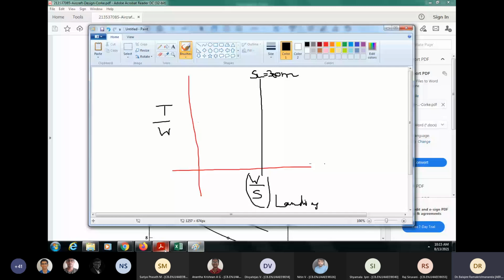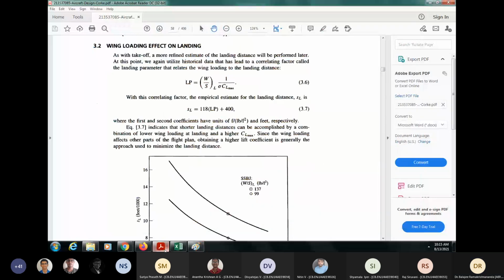If you decrease wing loading, landing parameter will decrease. Or you fix that wing loading and you play with CL max now. For various CL max, you draw this figure.